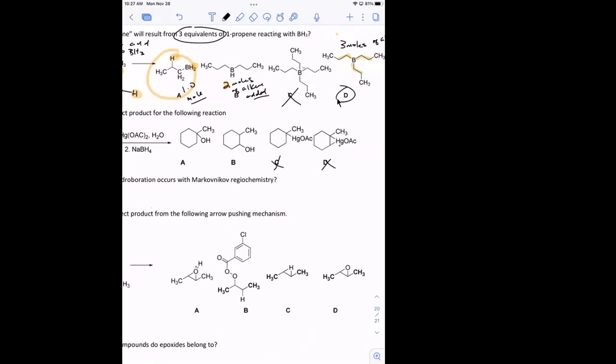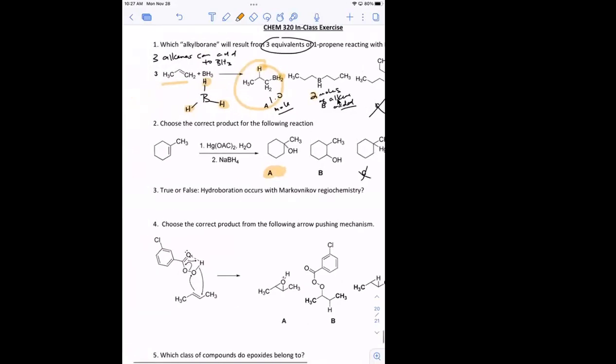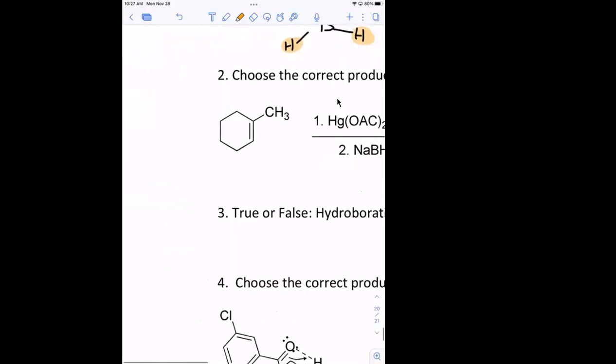Which one of those has more Markovnikov regiochemistry? A. The OH is on the most substituted carbon in the double bond. Right, and then B, what if I wanted B? What could I use to get B? If I wanted that alcohol instead with anti-Markovnikov regiochemistry. Yep.